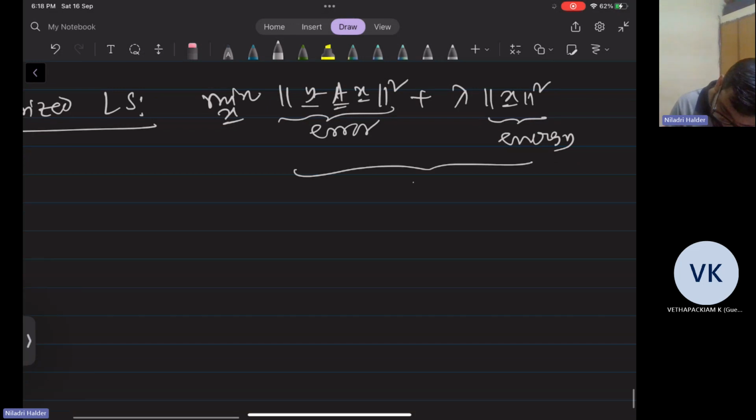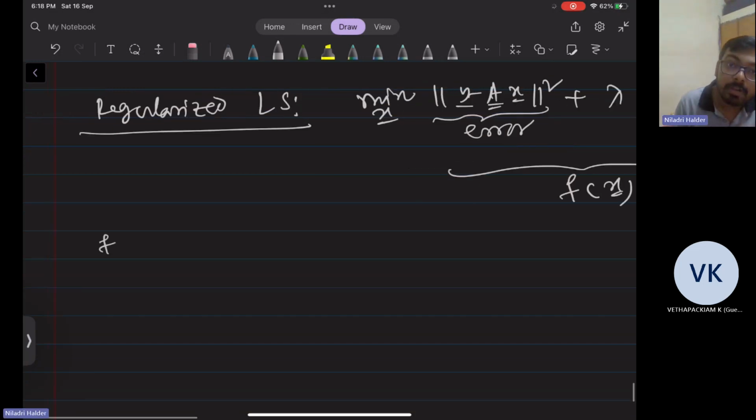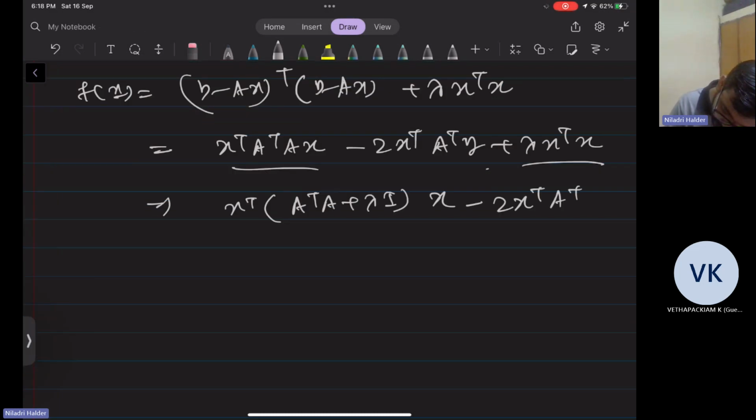Suppose this is f of x: x transpose (A transpose A plus lambda I) x minus 2x transpose A transpose y.